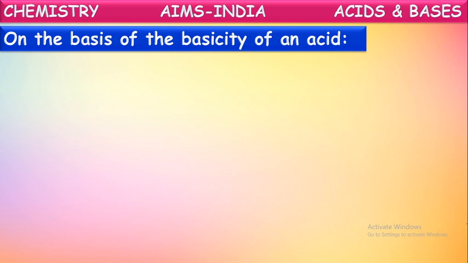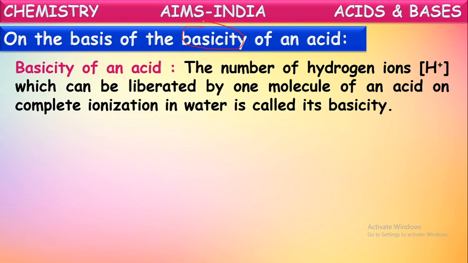One more, on the basis of basicity of an acid. What does it mean here, basicity? Basicity of an acid: the number of hydrogen ions which can be liberated by one molecule of an acid on complete ionization in water is called basicity. Yes, we told while explaining about the strength of the acid, acids on dissolving into water separate into respective positive hydrogen ions and negative ions.